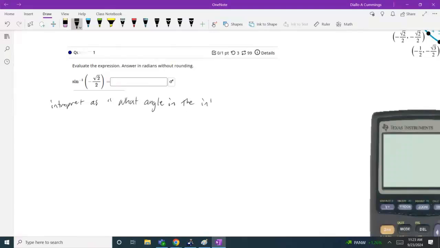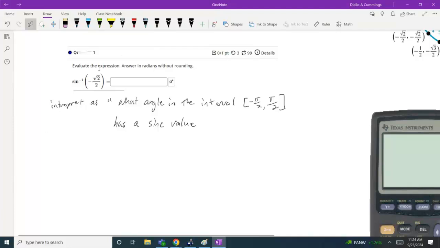in the interval negative pi over 2 to positive pi over 2 has a sine value.